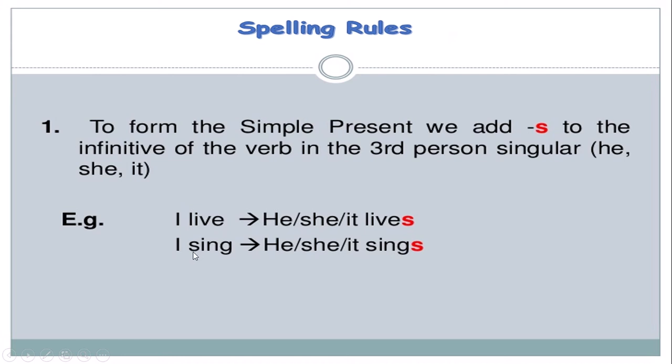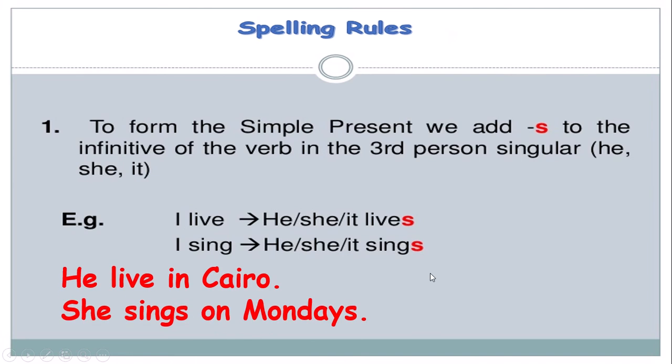These are plural personal pronouns, which means I, we, they, you. But when I use the verb sing with a singular personal pronoun like he or she or it, I have to put S. Like he live?